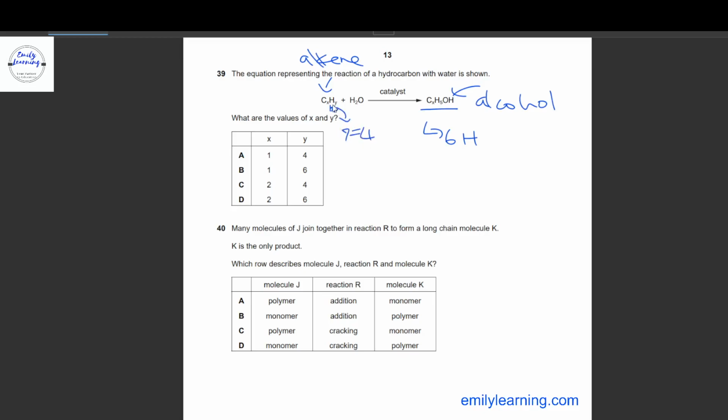Because 4 hydrogen here plus 2 hydrogen here is 6 hydrogens, and there are 6 hydrogens here. Now I know that this is an alkene. So the general formula of alkene is CnH2n. So if 2n is equal to 4, that means n is equal to 2. So in other words, X is equal to 2. So the answer for this question is C.